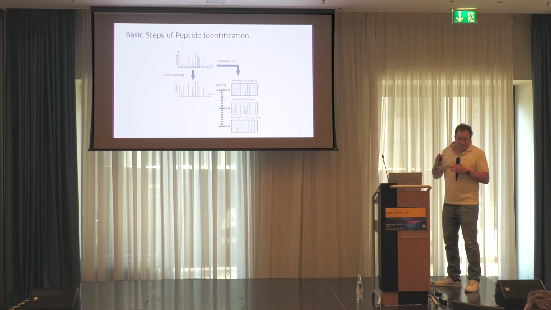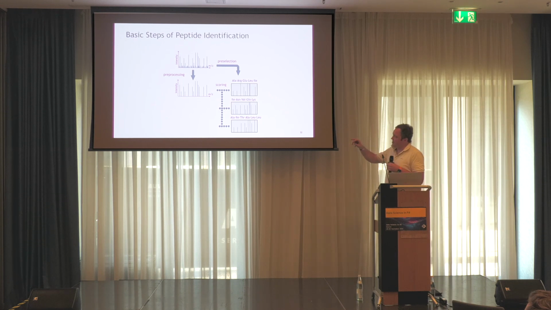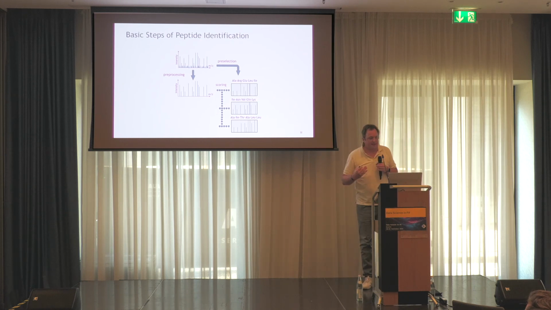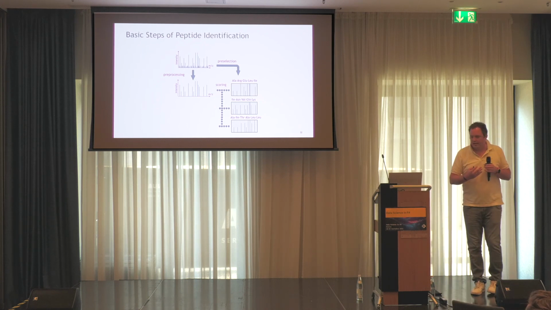And so what we do then is two other steps. We take the real measured spectrum and pre-process it, meaning cleaning it from noise. We know the mass of the whole thing, right? So we select out of all potential peptides the one with the right overall mass, right?